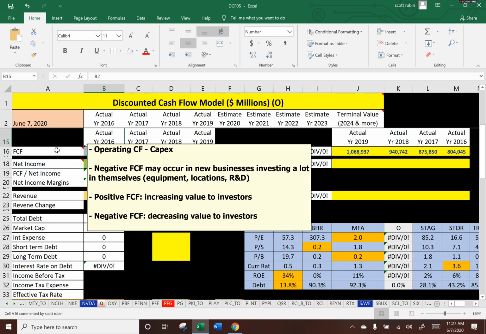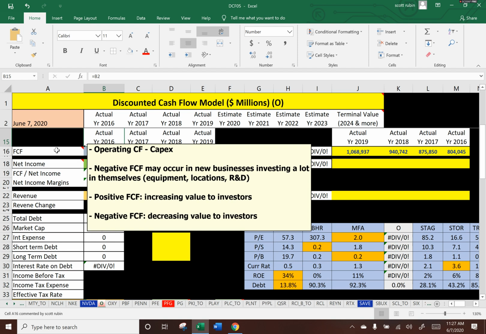So if you wanted to calculate free cash flows, you can just go to the cash flow statement and then look at operating cash flow and then subtract capital expenditures. So when this number is positive, that means the company is adding value to the firm. It's increasing their assets. And when it's negative, it's reducing value to the firm.